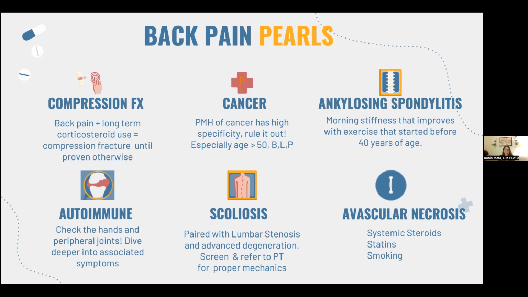Even if it's not more than 10 degrees to call it scoliosis, you need to know if they have some lateral curvature, because over time, these patients have a higher risk of having stenosis, and they have degeneration faster than age-matched controls. So you want to screen for these patients, and you want to refer them to physical therapy if they do have a little bit of curvature, to make sure they have proper back mechanics to help support them to be as high functioning as possible for as long as possible.